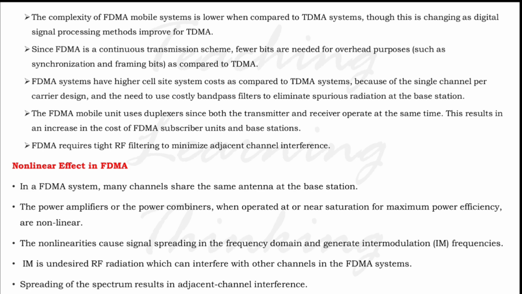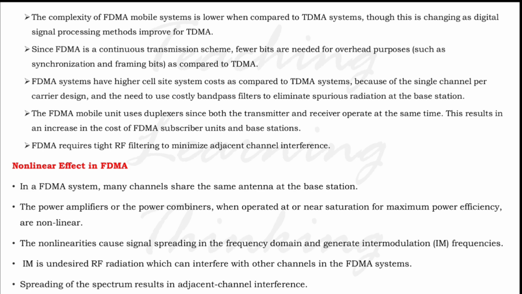So the cost is very high compared to TDMA because of the single channel per carrier design and the need to use costly band pass filters to eliminate spurious radiation at the base station.